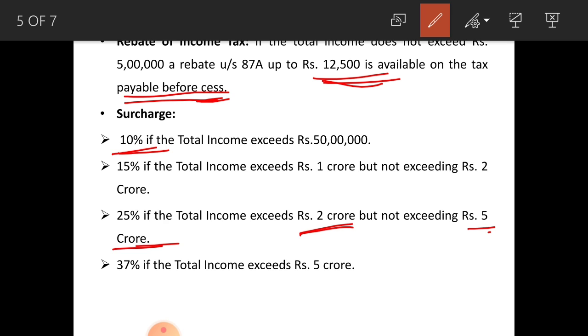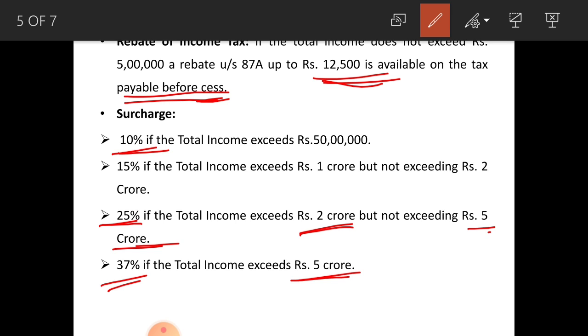Remember, if the total income exceeds 50 lakhs, 10% extra tax has to be paid by the individual. If the total income is in between 1 crore and 2 crores, 15% they have to pay extra as surcharge, and if their income is in between 2 crores and 5 crores, they have to pay 25% extra tax, and if their total income exceeds 5 crores, they have to pay 37% surcharge.